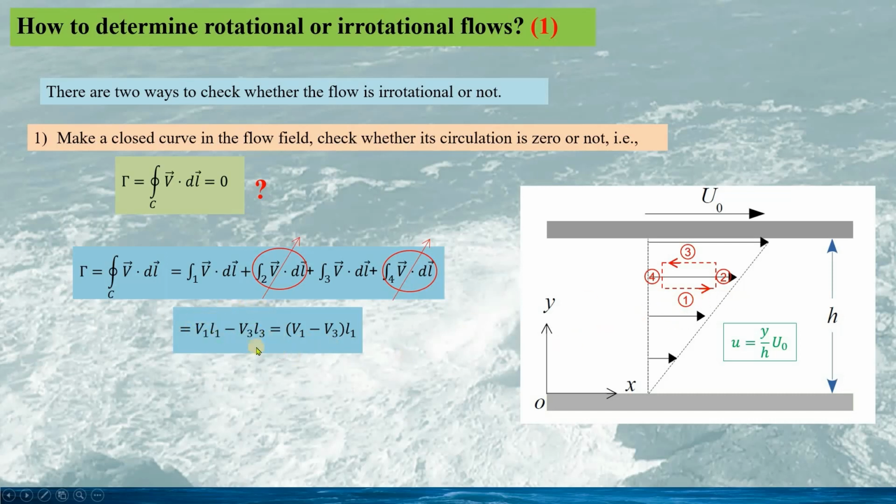And we notice L1 and L3 are equal, so we have the expression for the circulation for the rectangle. Since from this expression we can see V1 does not equal V3, the circulation for the rectangle would be non-zero. Therefore, we can say the Couette flow is a rotational flow.